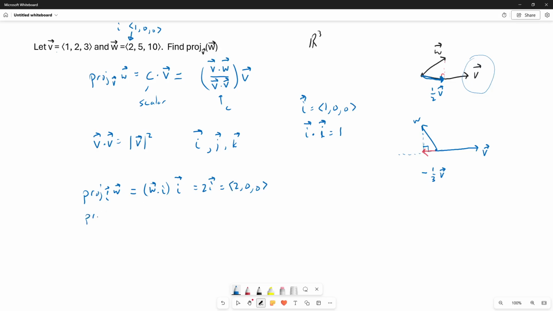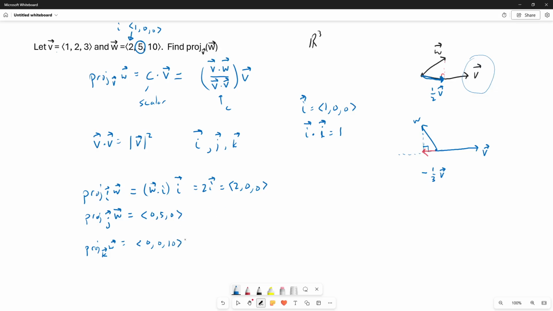If you project w onto j, then we should get 5 times j. So this should be 0, 5, 0. And if we project w onto k, then we should get 10 times k. So we should get 0, 0, 10.